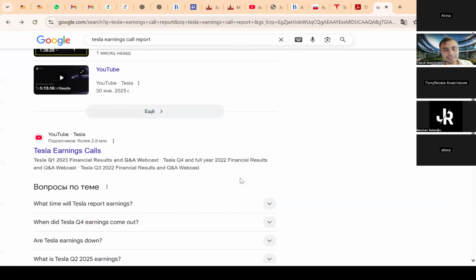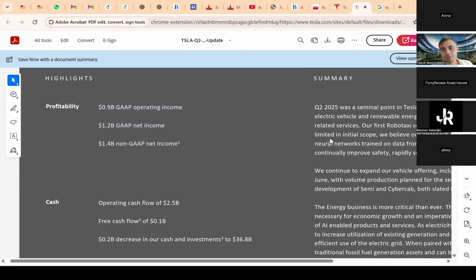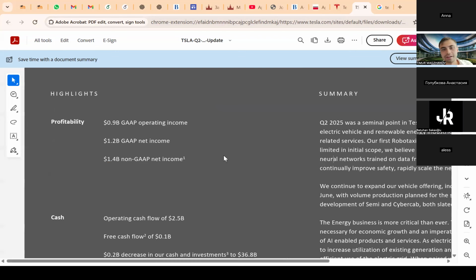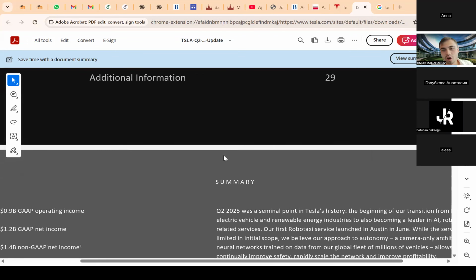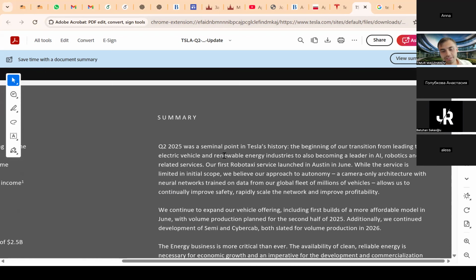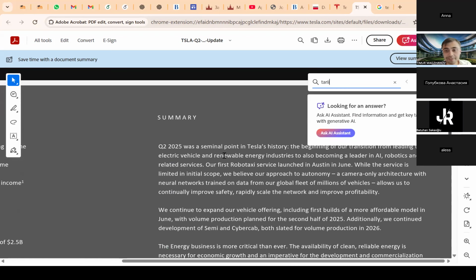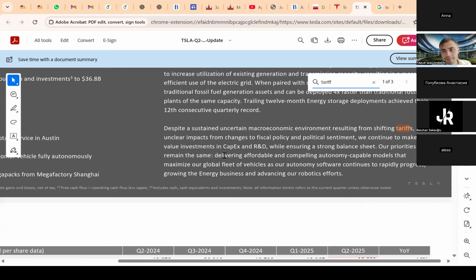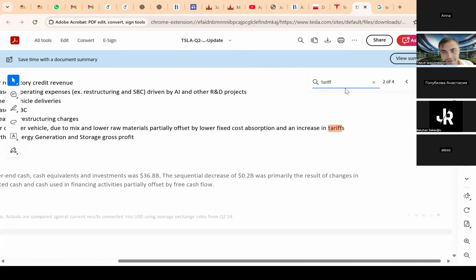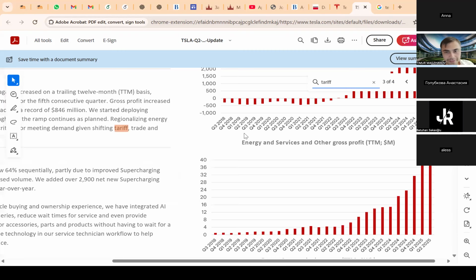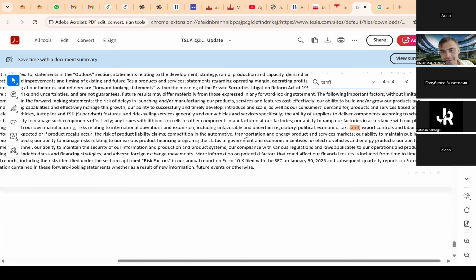And if you get this information quickly enough, not only the numbers but also the whole summary, because they can talk about different risks related to tariffs, for example: shifting tariffs, increase in tariffs, tariff, again tariff.